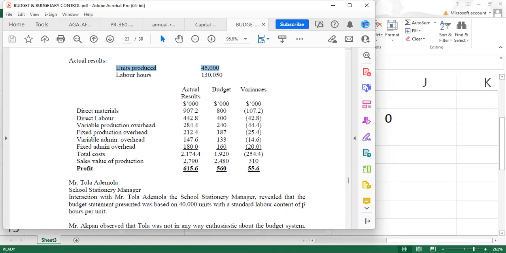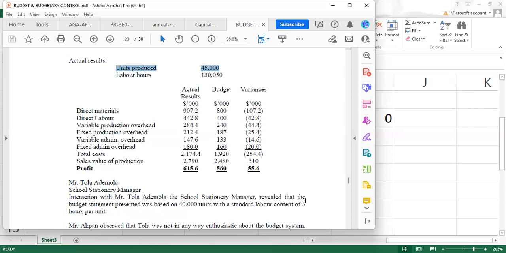So we budgeted that we are going to use 3 hours for each unit, and we budgeted for 40,000 units. It means that we are going to use 120,000 hours. Are we okay with that part? Yes, please.